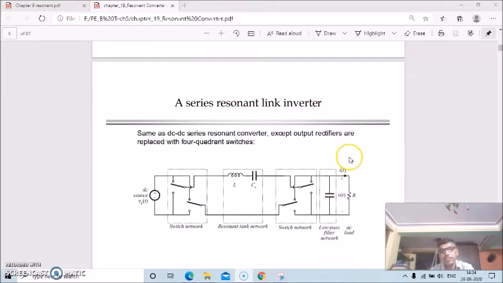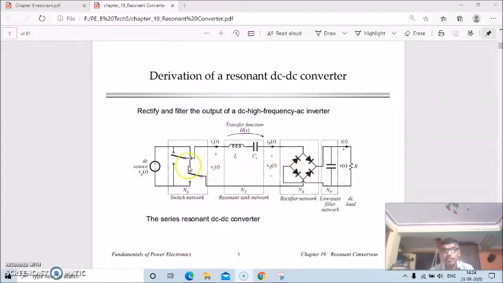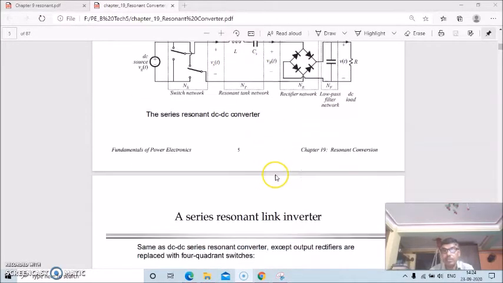Series resonant link inverters are the same as DC-DC series resonant converters, except the output rectifiers are replaced with four-quadrant switches. This is the switch network, this is the resonant tank network, and this is the other switch network. Everything is the same; only this is the difference.